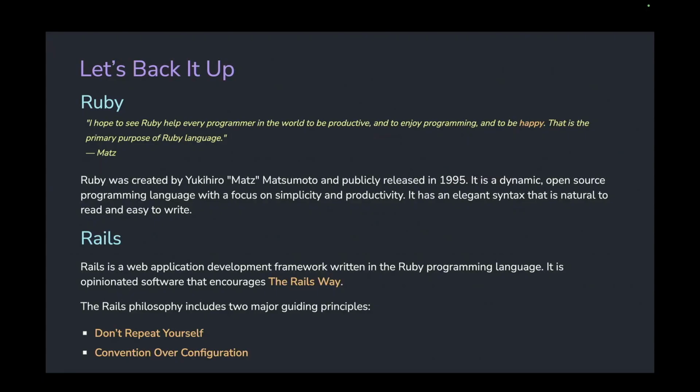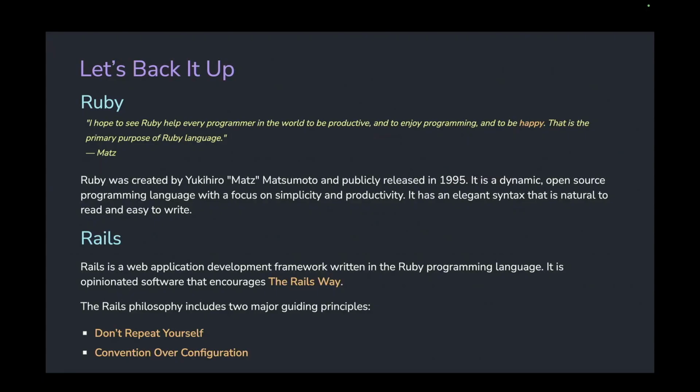It's an open source programming language that focuses on simplicity and it reads much like English, so it's incredibly easy to understand. Matz's goal in writing Ruby was to create something that would enrich programmers' experience and make them happy. So that really is something the Ruby community embodies.